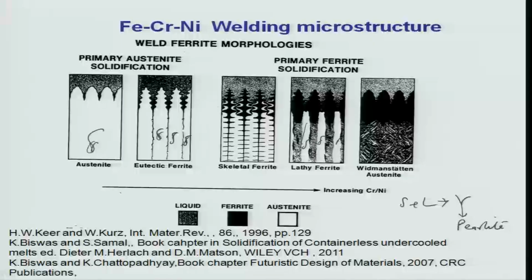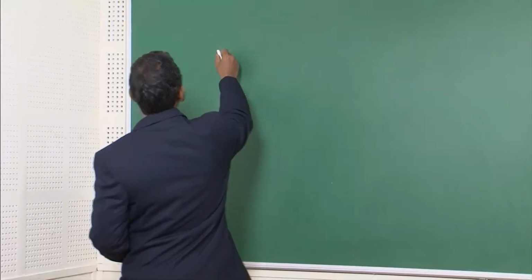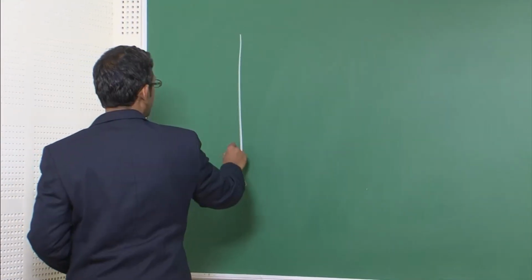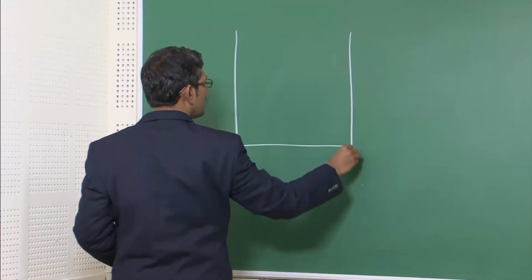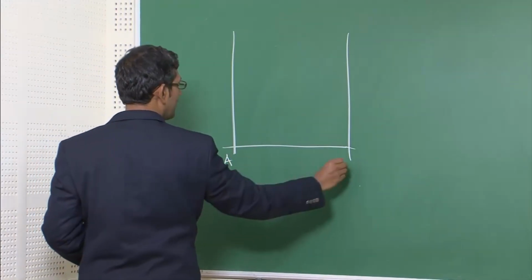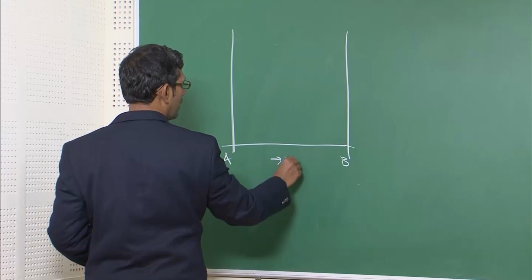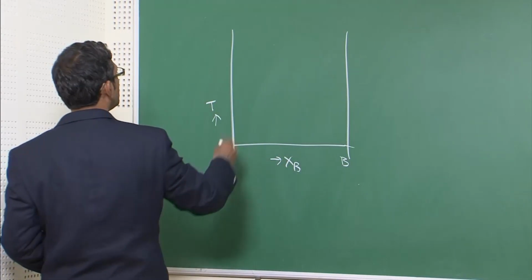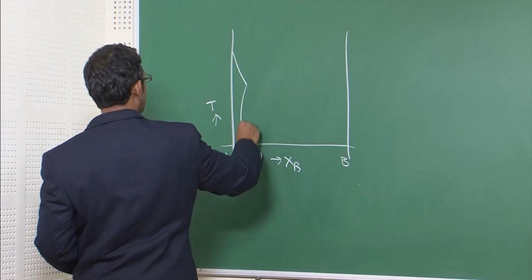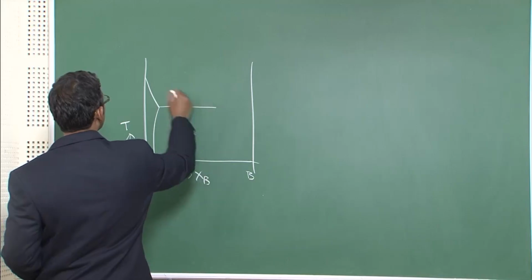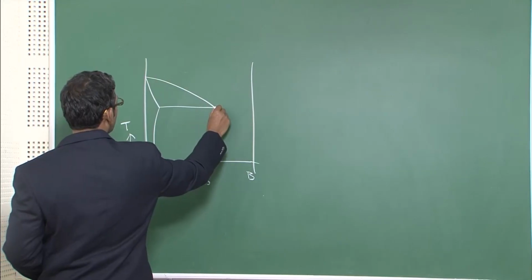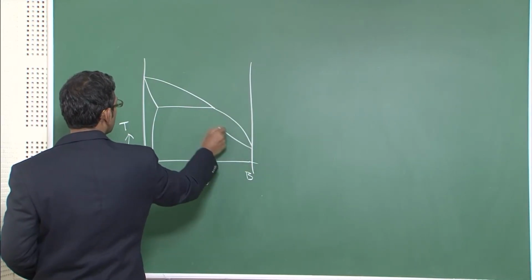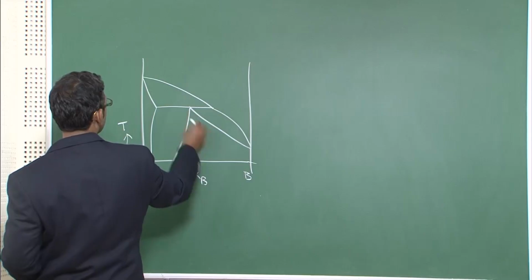So first thing I will do, I will just draw a classical peritectic phase diagram, the one I have drawn for you in the last class. I hope by this time you have learned my tricks, how I am drawing the phase diagram. This is temperature versus composition diagram, and this is the simple possible peritectic reaction, okay.